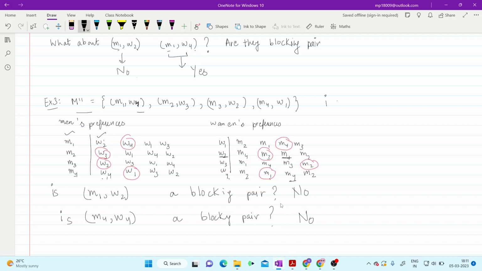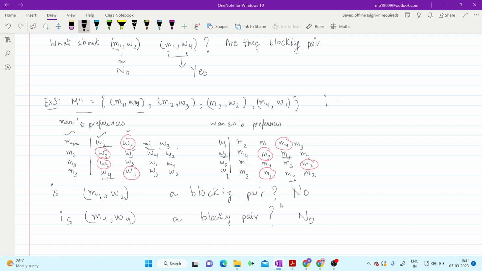Now can we conclude that this matching won't have any blocking pair? If we look at M1W1, M1 won't be happy with M1W1, right? Because M1 obviously prefers W4.